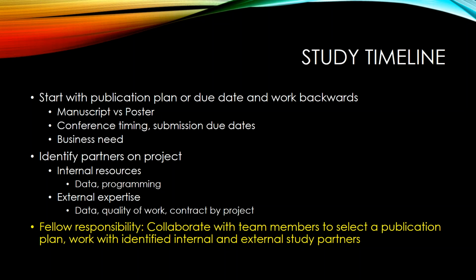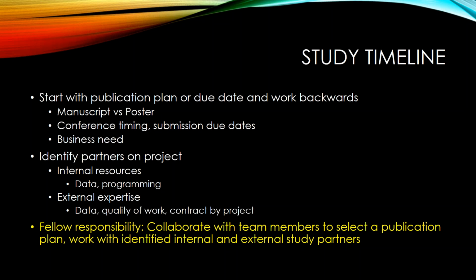After we come up with the publication plan, we'll identify partners on the projects. These studies require a number of different people. Sometimes that's internal, gauging internal resources: what data do you have access to? Do you have the capabilities to do some of the programming to extract the data you need?